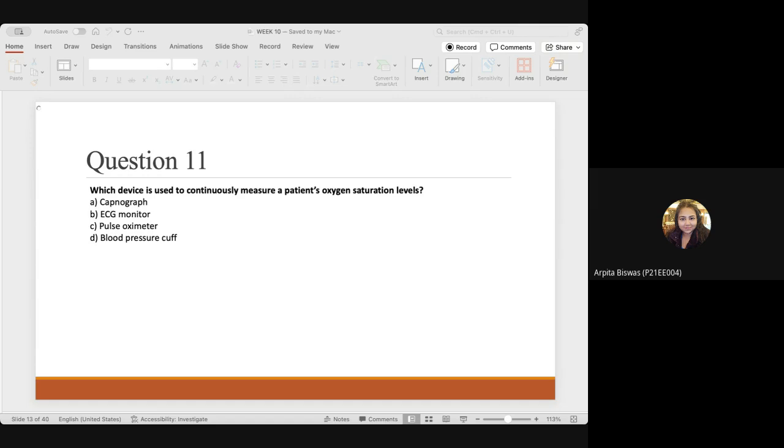So what is the right option? The right option is option C, the pulse oximeter. Okay. Next, move toward question number 12.